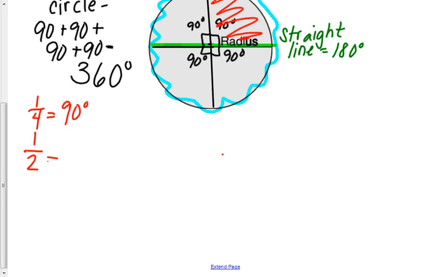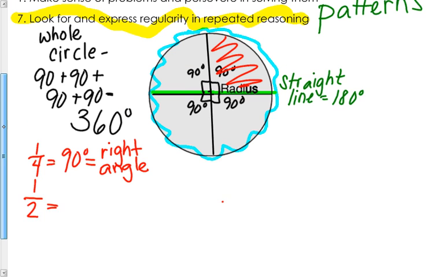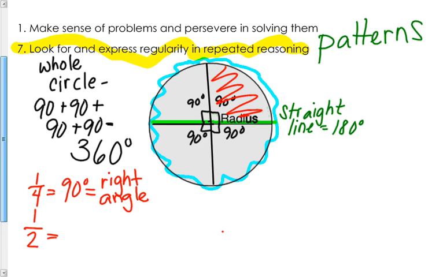Now, what if I said I wanted 1/2? I'm going back in my mind: 1/4 equals 90 degrees, and that's called a right angle. Now, what if I wanted 1/2 of my circle? So I'm going to erase this here. I'll write my 90 back in. So we still know this is 90 degrees. Now, half of my circle.